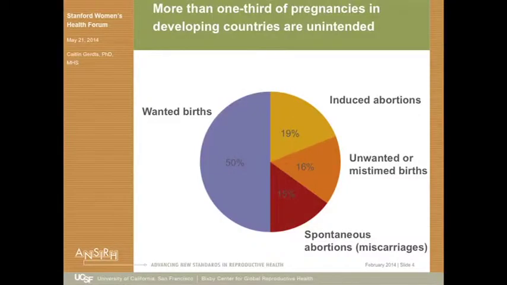Before we talk about abortion, it's important to talk about pregnancy. In developing countries, approximately 1/3 of all pregnancies that occur are unintended, mistimed, or unwanted.